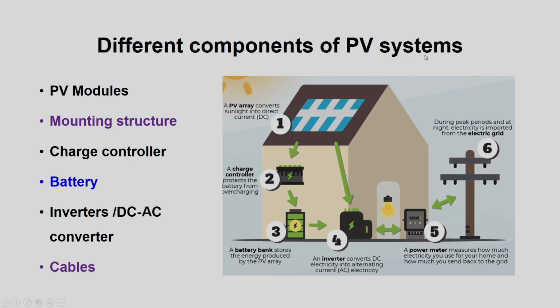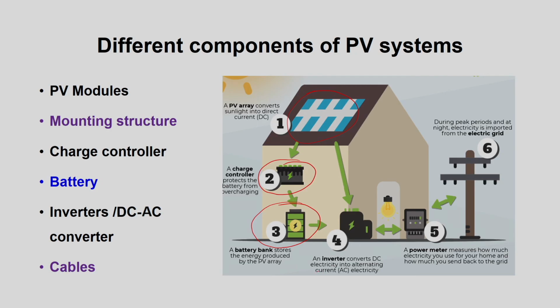As you can see in the figure, PV modules are installed on the rooftop. This PV array converts sunlight into direct current, right? And we need a charge controller to protect the battery from overcharging. We need battery banks which store the energy produced by the PV arrays.